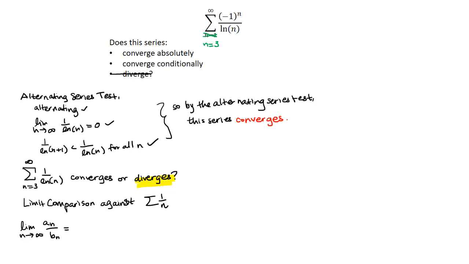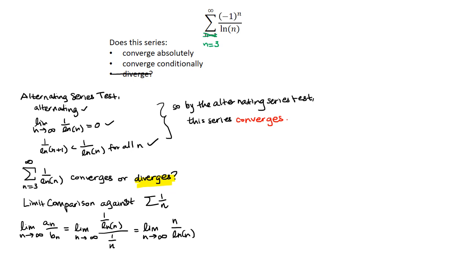So we're taking the limit as n goes to infinity of a_n over b_n. a_n here is 1 over log of n, and b_n is 1 over n. We're going to simplify this. So we get the limit as n goes to infinity of n over log of n.